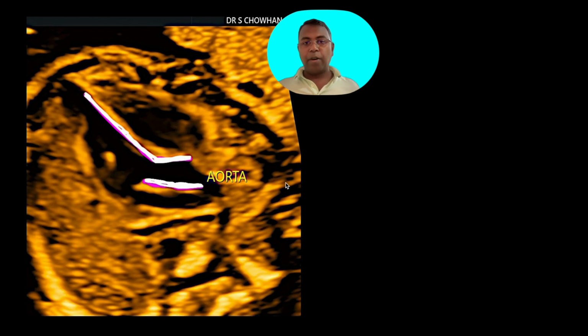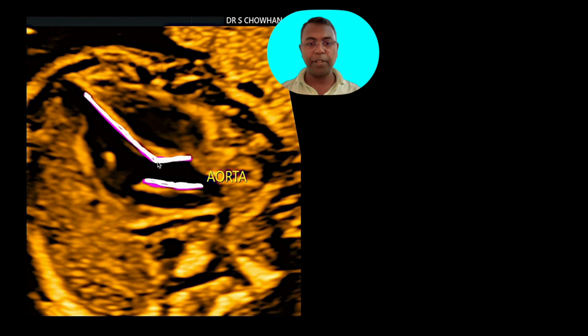So now moving on to the outflow tracts. The first important outflow tract is the LVOT. You can see that this is the interventricular septum and there is continuity with the aortic origin. This is called the septo-aortic continuity.